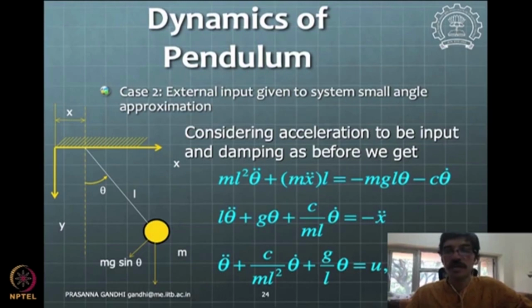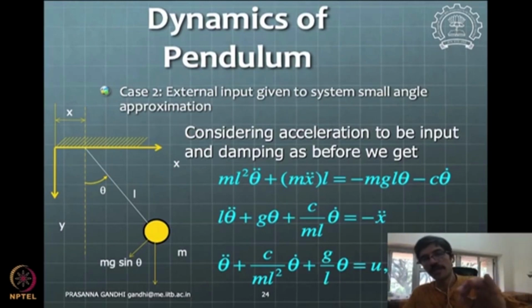So my x desired double dot should be that u, and I integrate this u twice, with scaling factor L, then I'll actually be getting the x desired as a function of time trajectory. And if I go along that trajectory x desired, then I'm guaranteed to apply this u that was desired here.